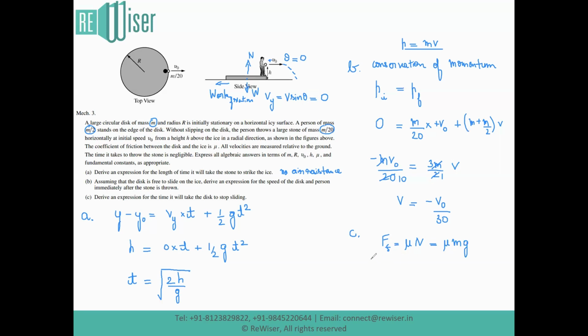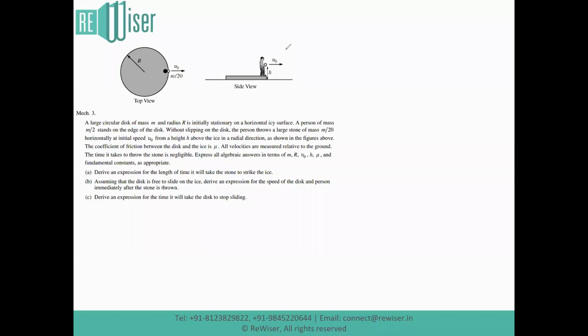So since work done is force into displacement, the work done against friction is equal to the frictional force mu mg into d. The work done against friction is what causes the resultant deceleration.